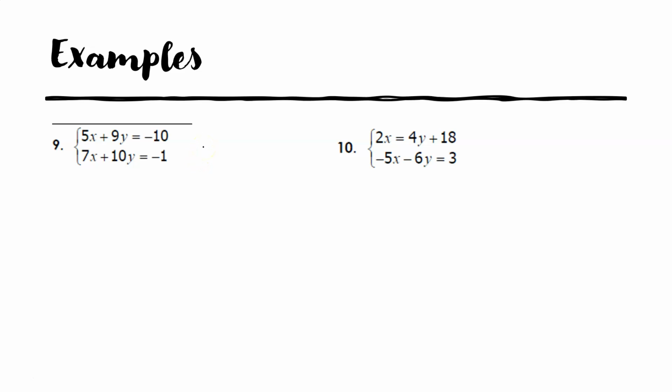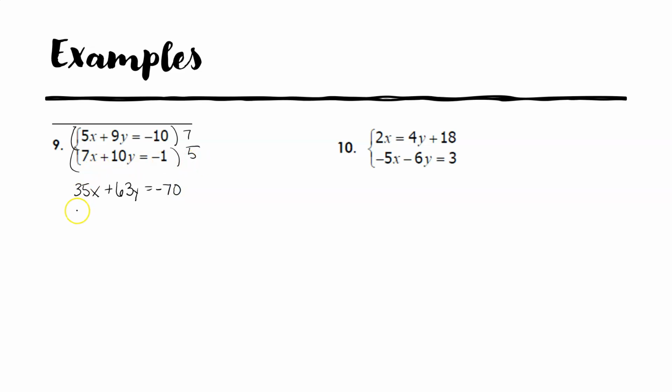So I'm going to multiply this whole thing by 7 and this whole thing by 5. So let's rewrite. 7 times 5x is 35x. 7 times 9y is 63y. And 7 times -10 is -70. Don't forget any of them. You got to multiply the whole thing.